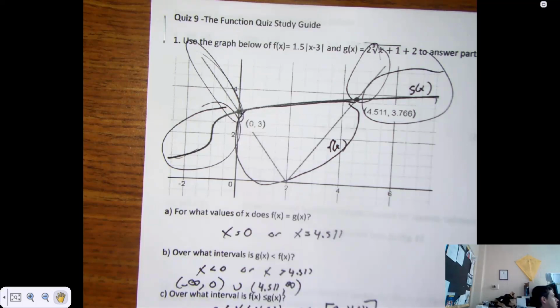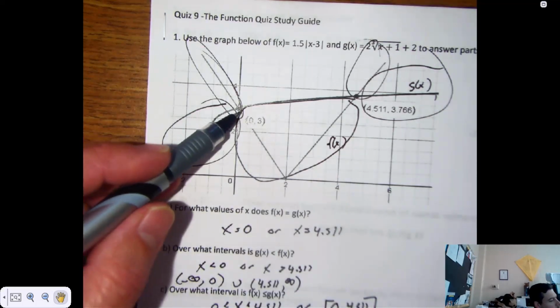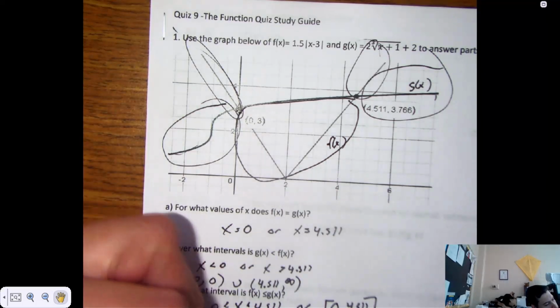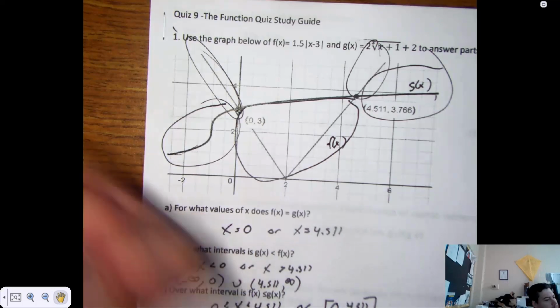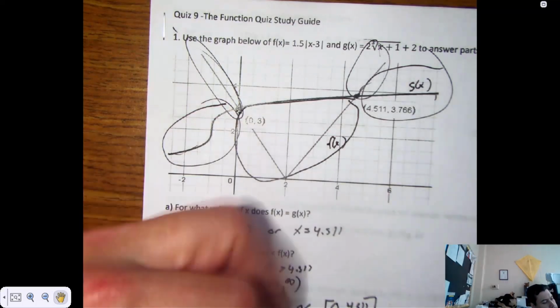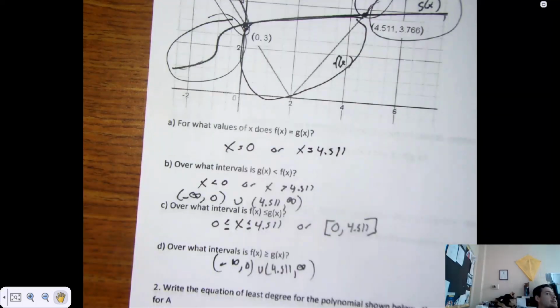Different question, same answer. Because the V is above the curve from negative infinity all the way to 0, and from 4.511 to infinity. So there's interpreting graphs, which is always a fun thing to do.